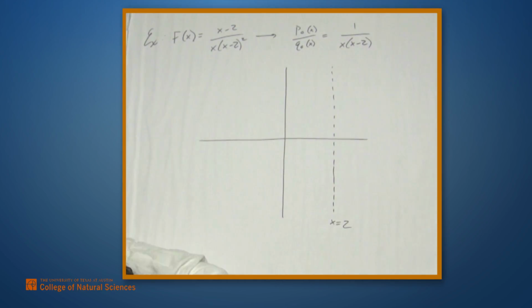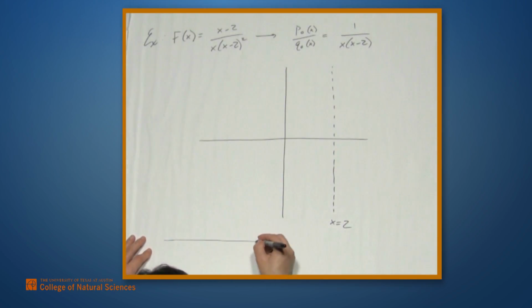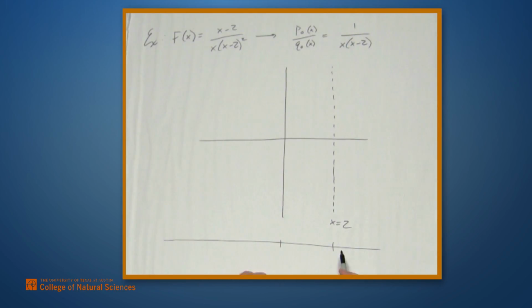Let's look at what happens on these three intervals. We have two key quantities, x and x minus 2. For all values of x greater than 2, x is greater than 0, and x minus 2 is greater than 0.